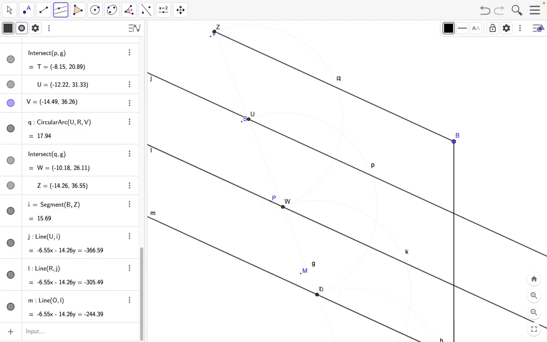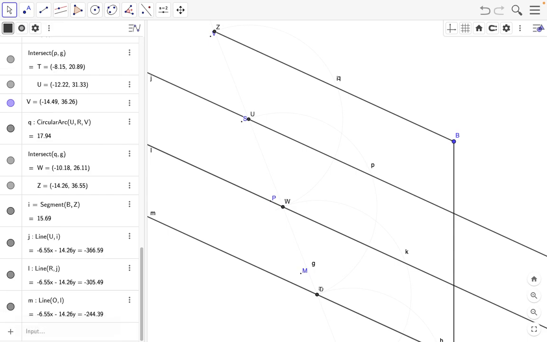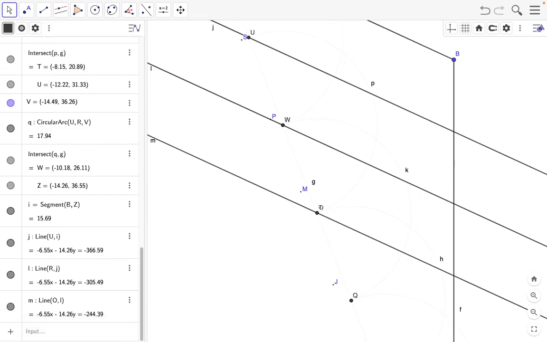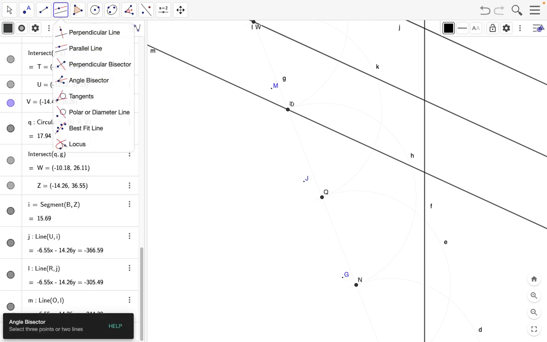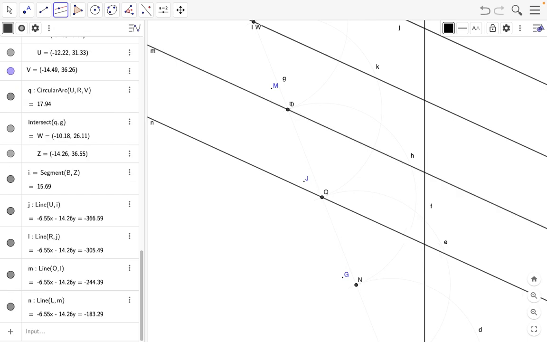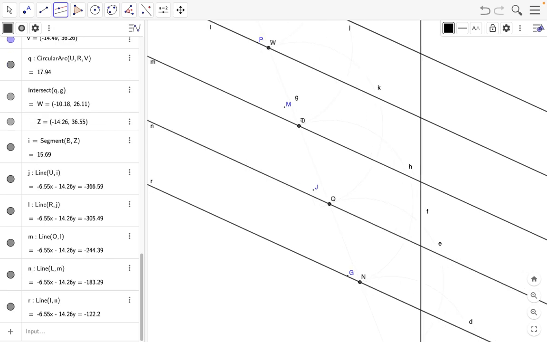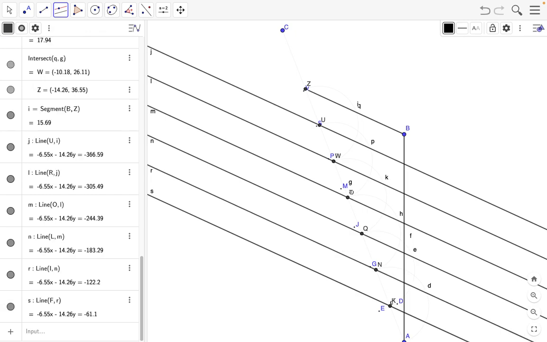So that way I can complete drawing the parallel lines. So for a parallel line, first select the line and then the point through which the parallel line will pass, that we will draw. Next again and then this.